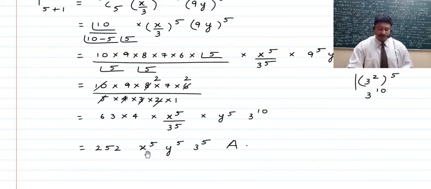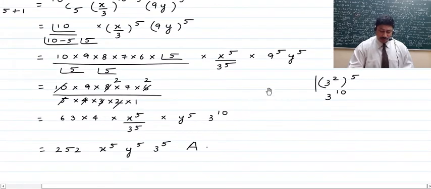And then, children, we multiply this with x raised to the power 5 and divide this with 3 raised to the power 5, and further multiply it with y raised to the power 5, right? And 3 raised to the power 2 is how we can write 9, which is raised to the power 5. As such, we will have 3 raised to the power 10, right?